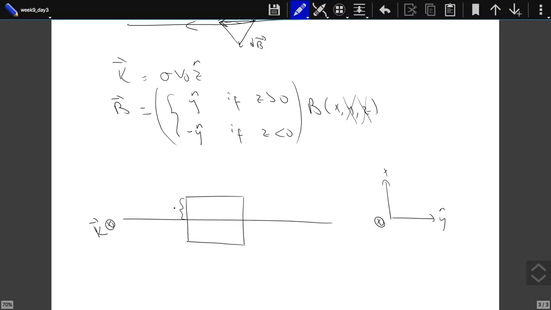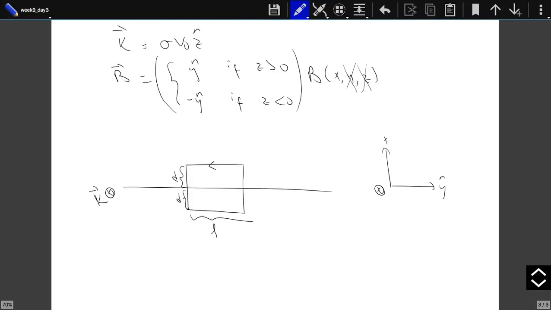So this length is d, this is also d. Let's call this one L. And let's choose the direction of my loop to be in this direction. Once we choose a loop, we have to give it a direction. Let me give some names, A, B, C, and D.